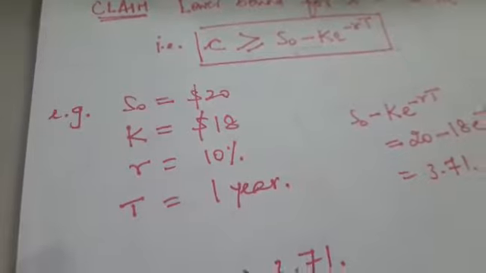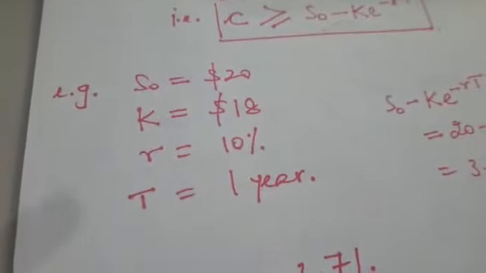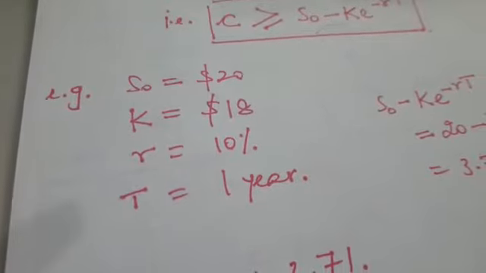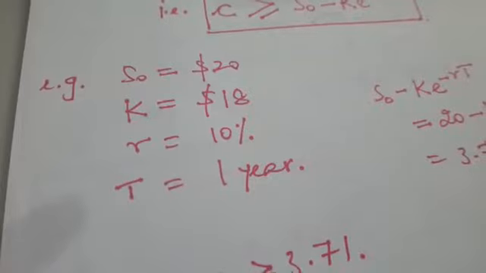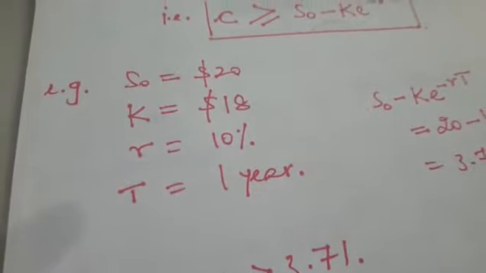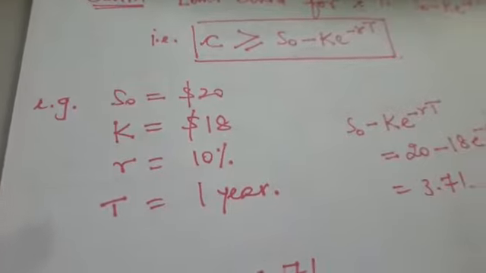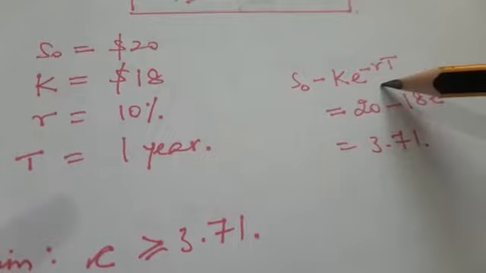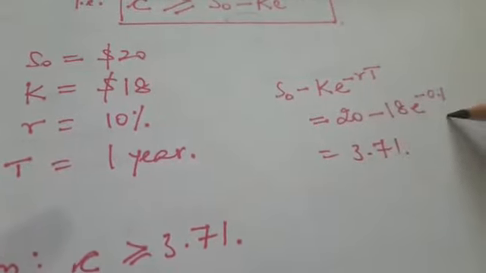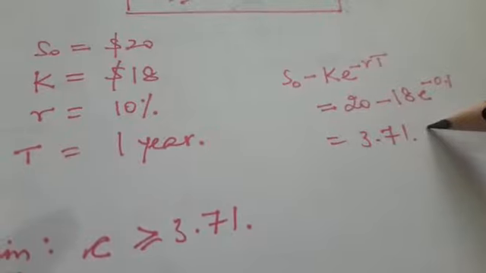Okay, so let's take these numbers. These are from the book only. The current stock price is 20 bucks, strike price is 18. The risk-free interest rate is 10%, and the time to expiration for this European call is 1 year. So if we calculate the lower bound as claimed, which is S naught minus K times e to the power minus RT, that will come out to be $3.71.